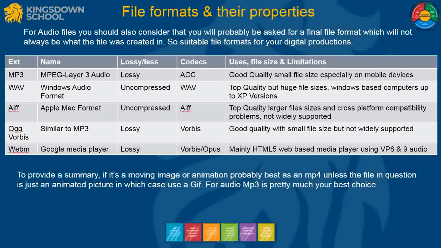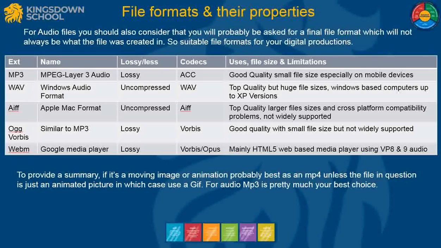But just to give you that summary down the bottom, if it's a moving image or an animation, then realistically just remember MP4. That would probably do well enough for any kind of moving image file that you've got, whether that's created as an animation, it can certainly be saved as an MP4.